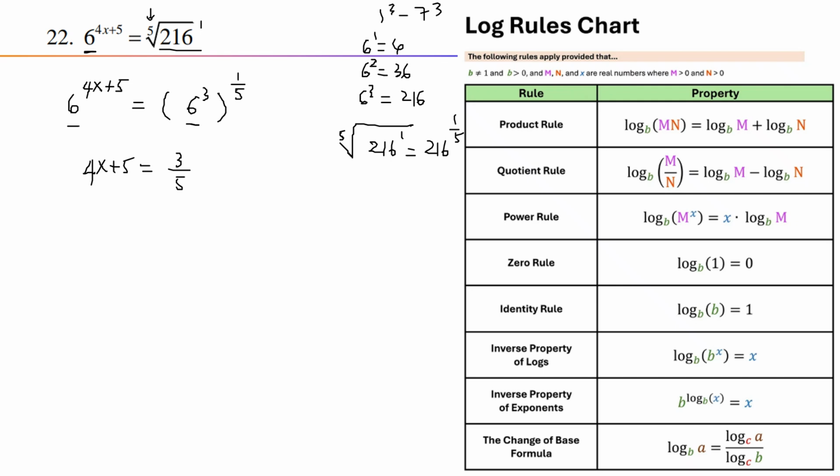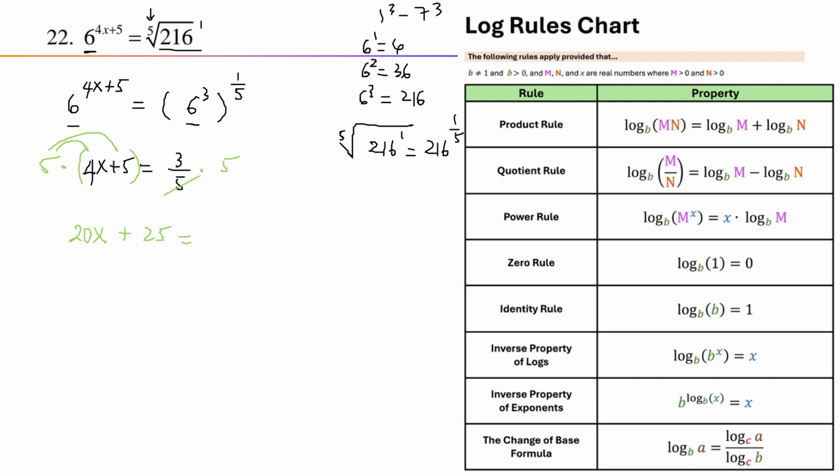Now to avoid working with fractions, I will multiply both sides by 5. Making sure that on the left hand side we have 2 terms, so we have to distribute the 5 to each of them. So we have 5 times 4x is 20x, and we have 5 times 5, that is 25.